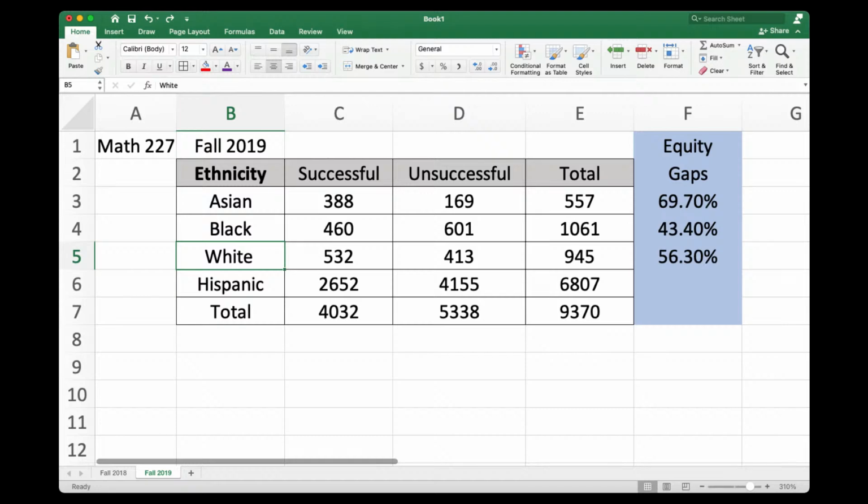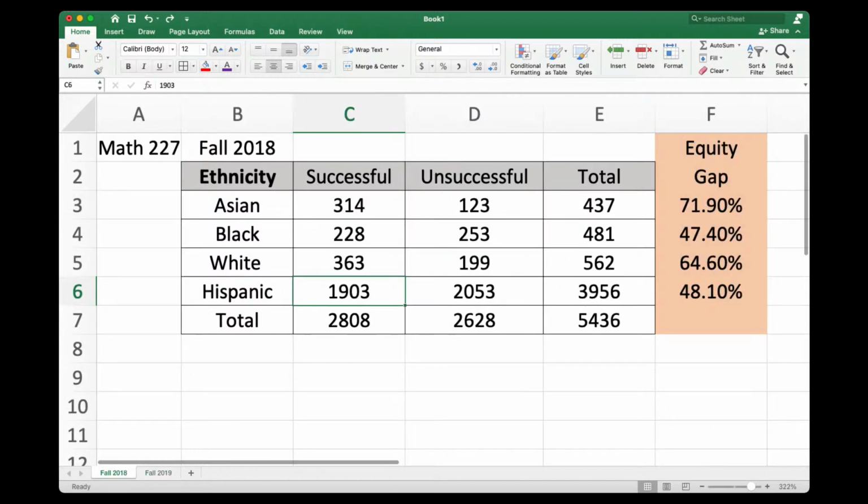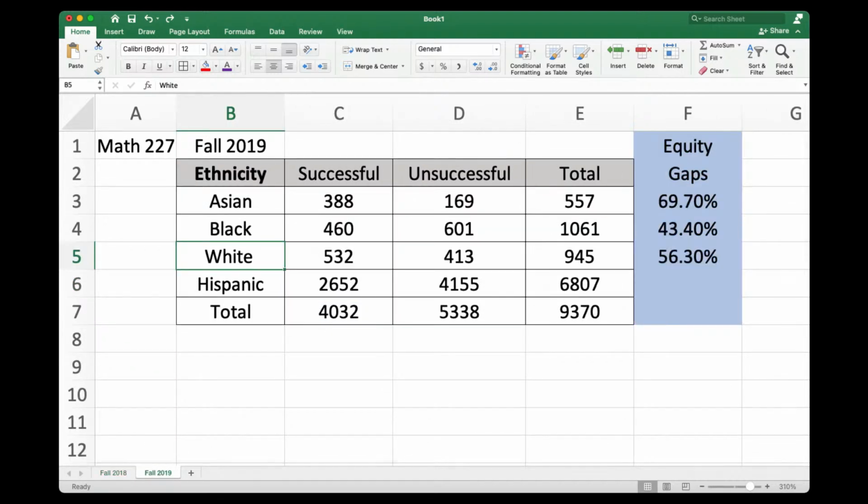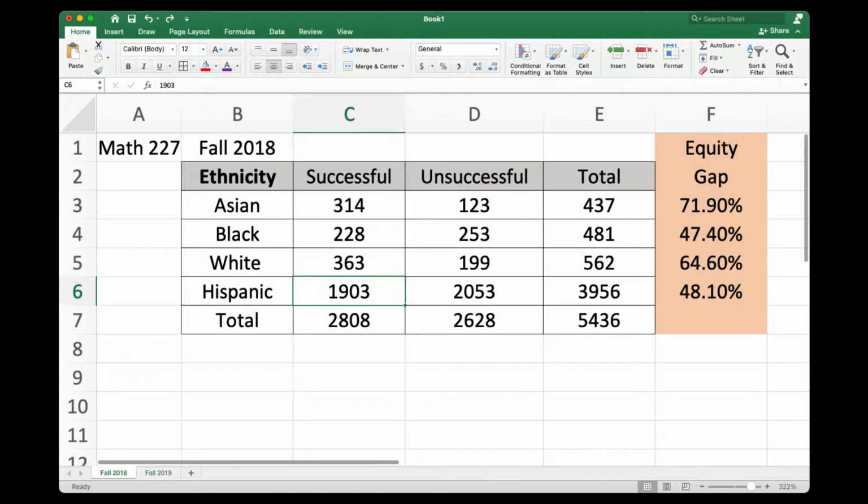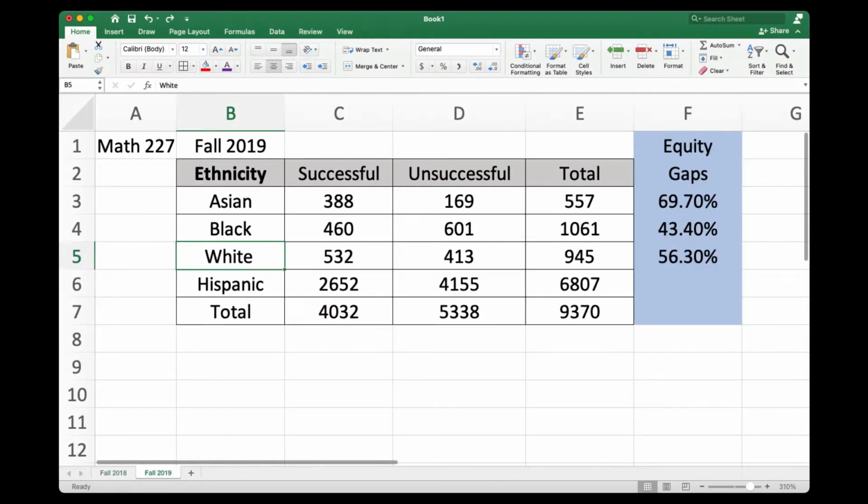This is the additional Hispanic that got through. The ones that did not get through, let's go back here: 2053 and 4,155. 4,155 minus 2053. This is what I mean by the additional Hispanic.